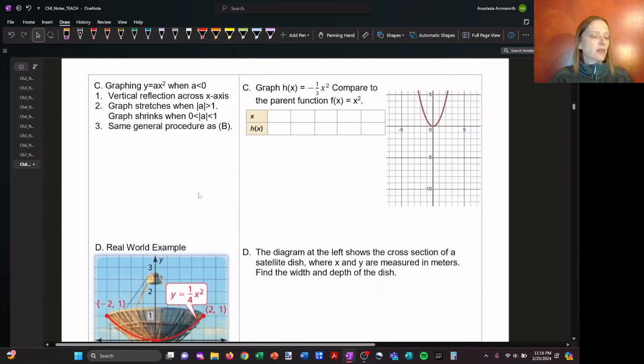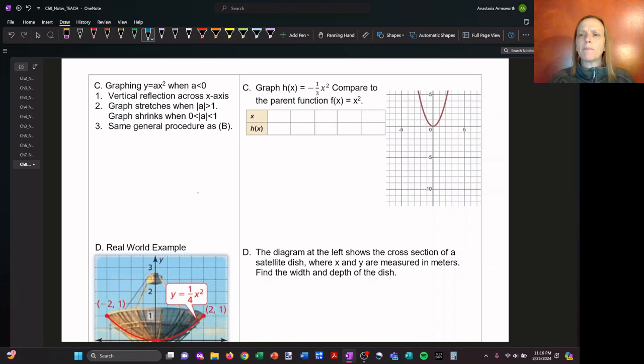So let's look at what happens if we have a different multiplication factor. This time we have a negative a value, and also our a value is a fraction. So let's see what happens when we graph this. We can choose to graph whatever x values we want.